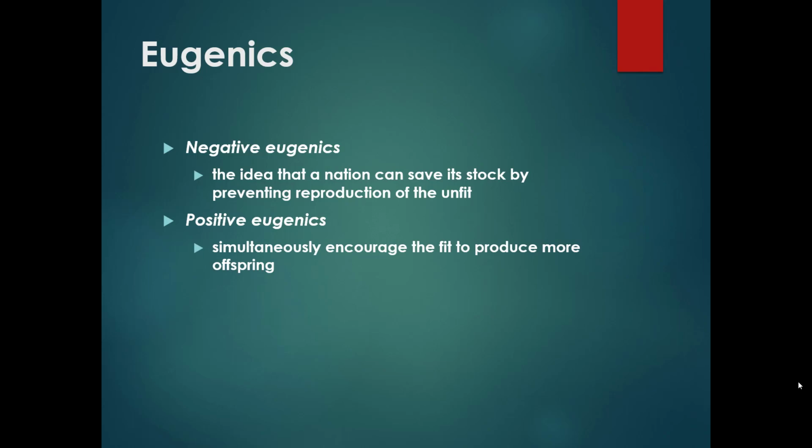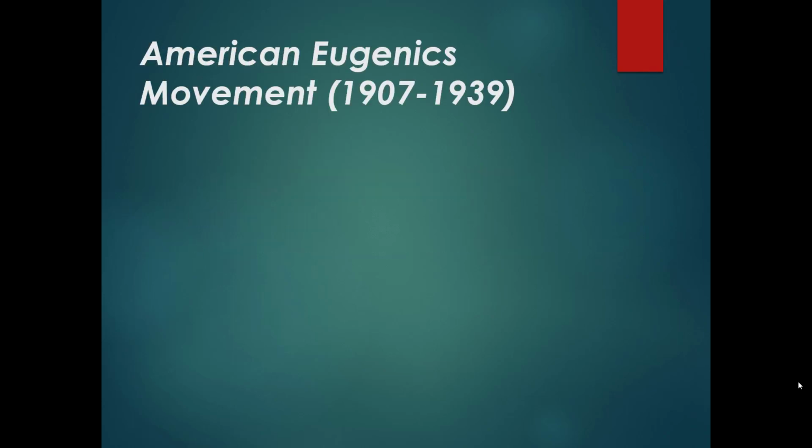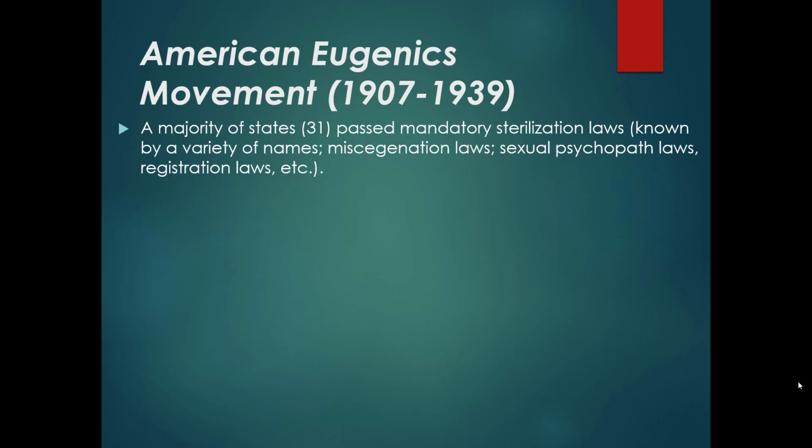The eugenics movement in the United States began at about 1907 and went until 1939, although there are remnants of it long after 1939, but this was the heyday of the American eugenics movement. Basically, there was a push to get rid of criminality by sterilizing women who carried bad genes.